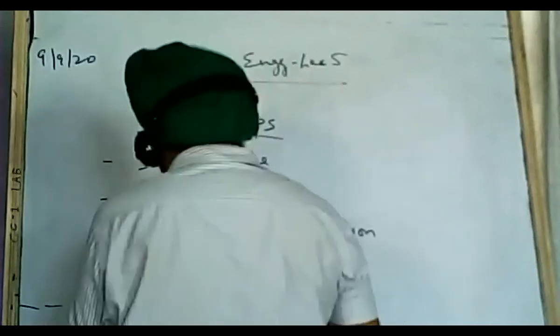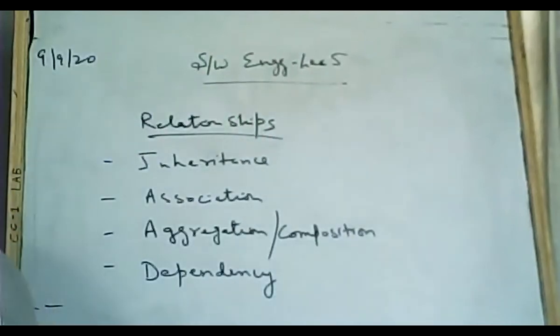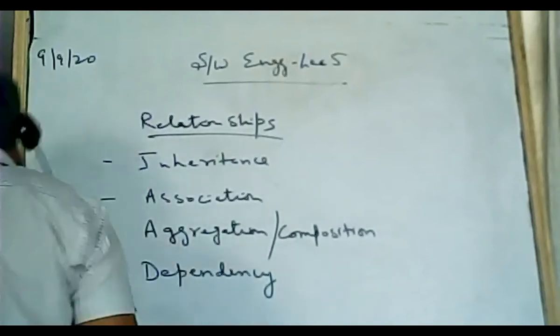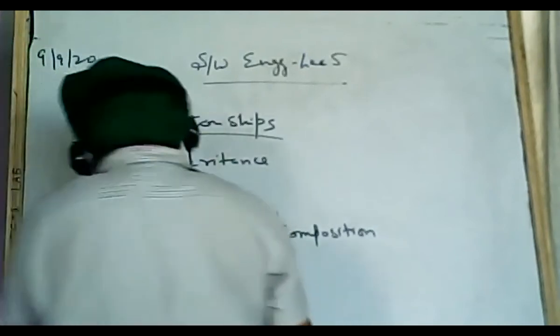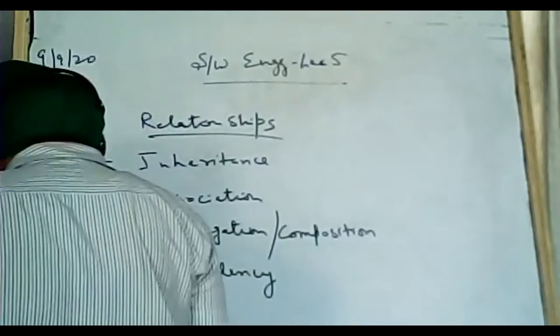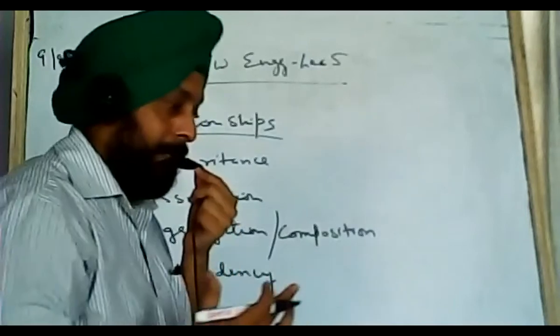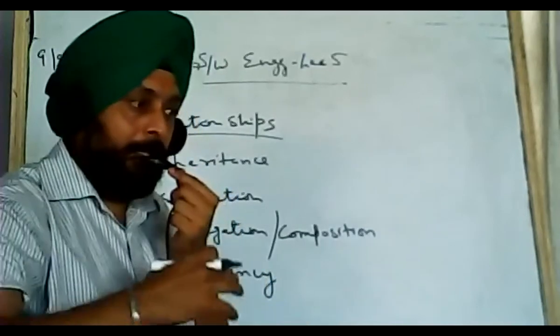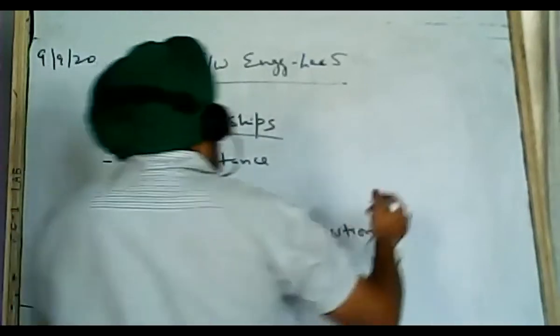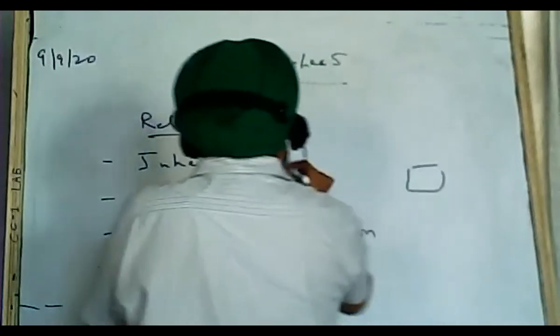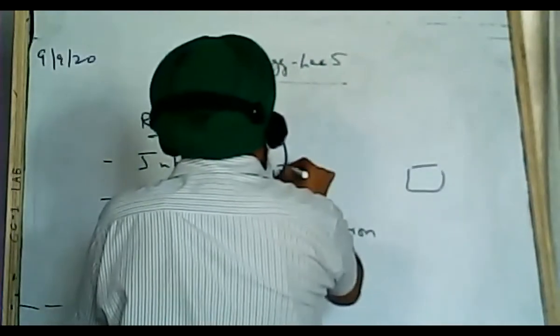Then there is association, very important. Association means how one class is associated with another. Suppose, what are the different functions of a class, what the role is, how they are associated. Like there is a book and a library member.